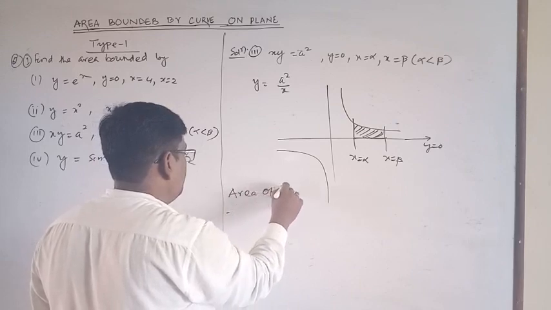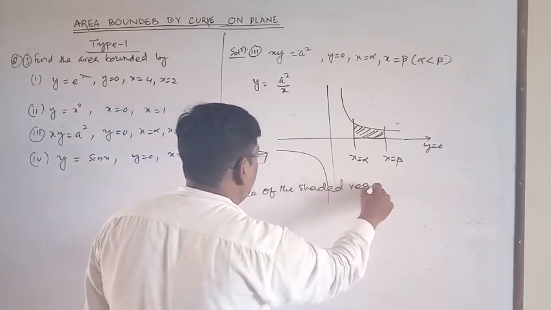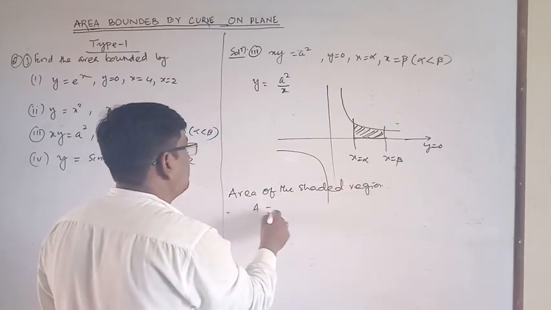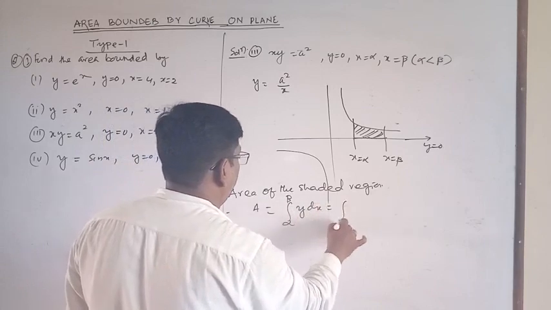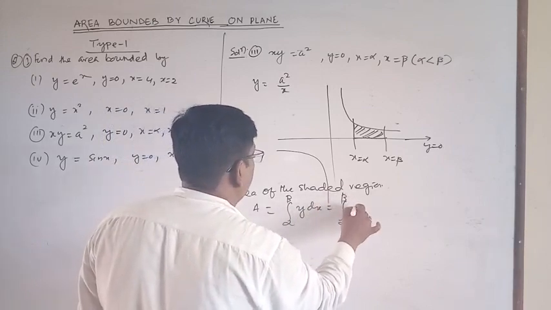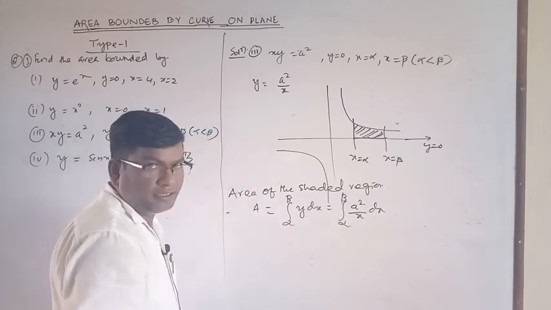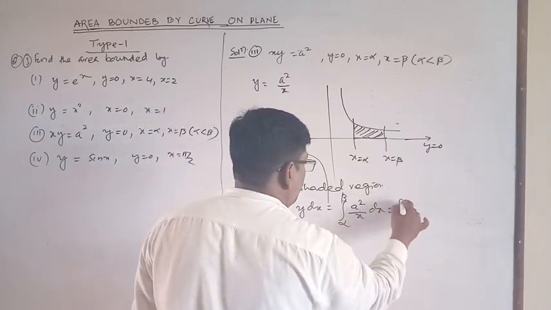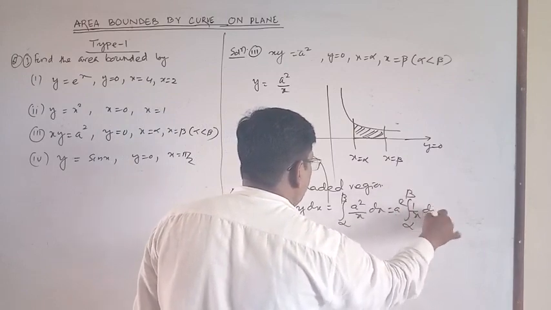Area of the shaded region, A is equal to the integral from alpha to beta of y dx. y means what? a square by x into dx, that is equal to a square, constant, integration of 1 by x dx.